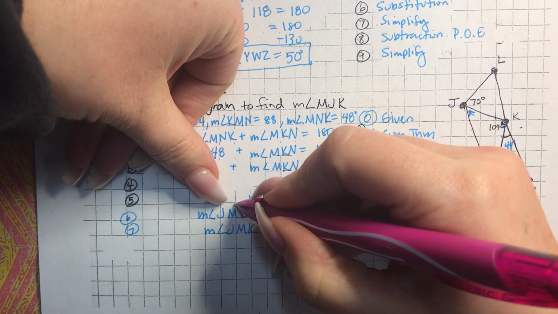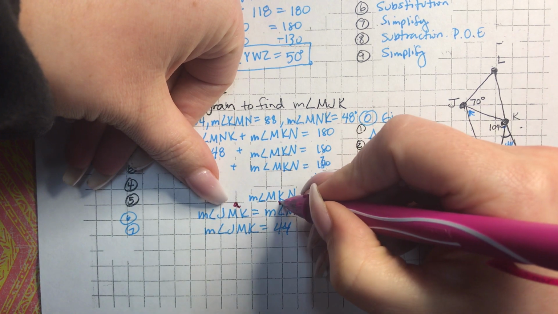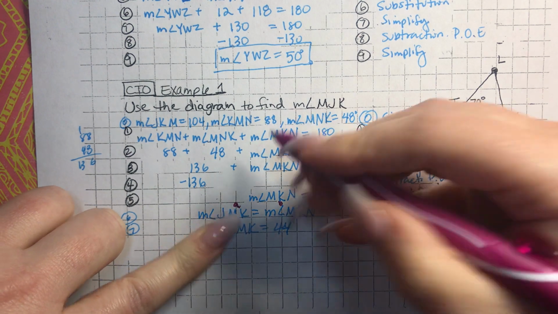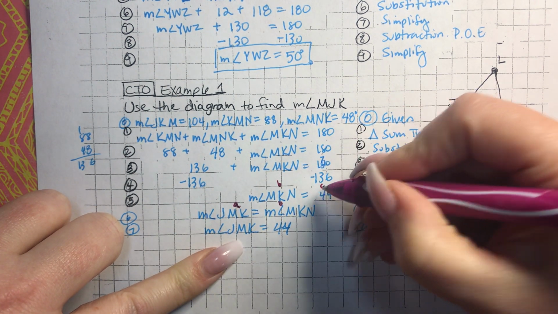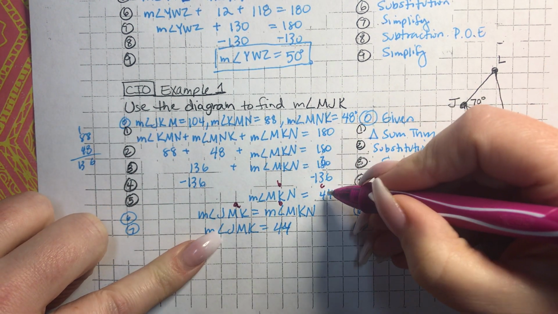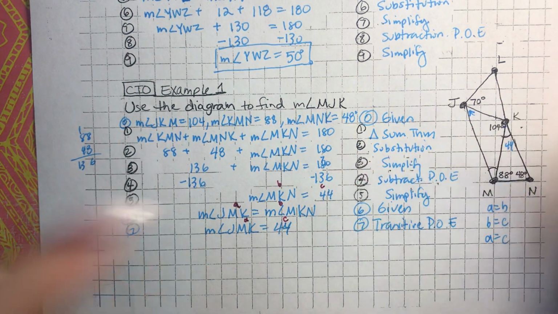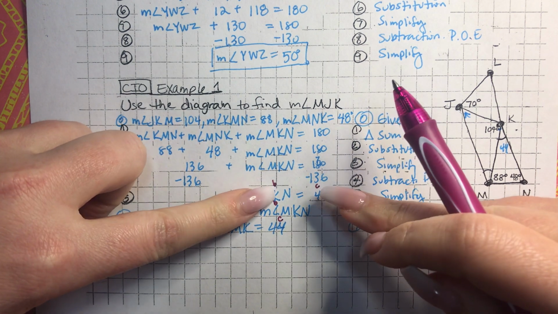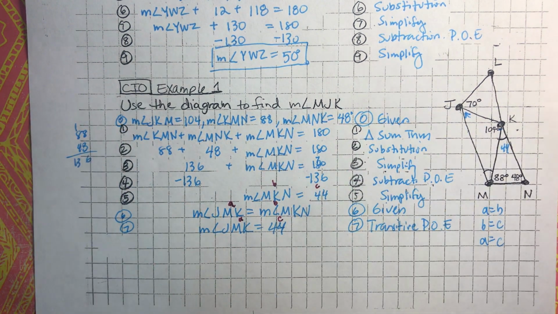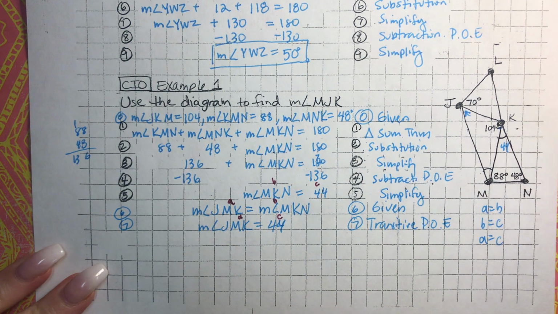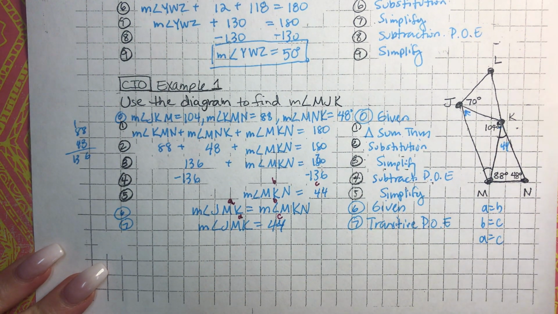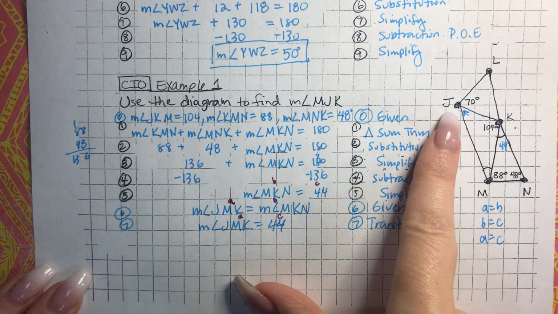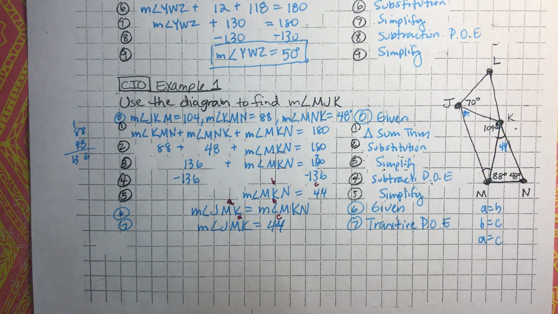If we were to call this our A and this is our B, so A is equal to B and B is equal to C, then A is equal to C. So hopefully you guys see that. If this is A and that's B, A is equal to B, B is equal to C, A is equal to C. That's the transitive property of equality. Okay, perfect. So now we know that this right here, JMK, is 44 degrees.